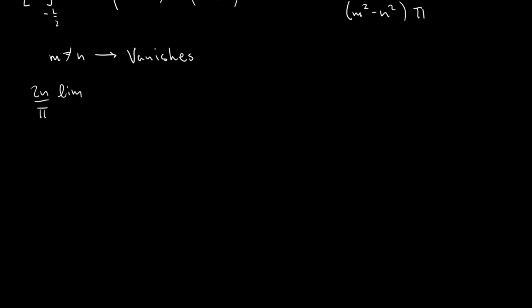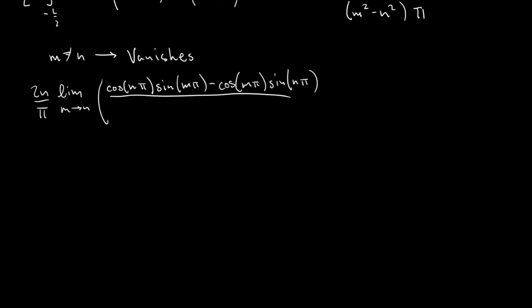So when I take this limit, I get something like cosine n pi sine m pi minus cosine m pi sine n pi over m squared minus n squared. Now this looks complicated, but at the end of the day, we just do the same thing as we did before.